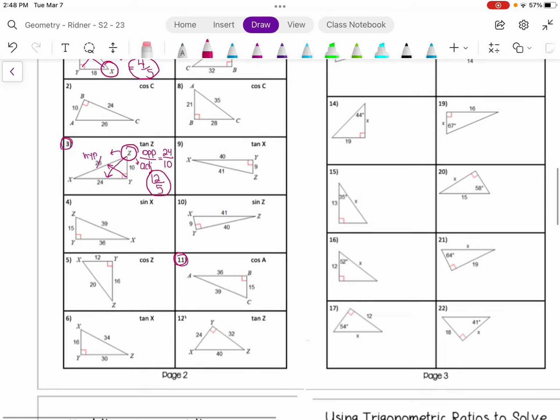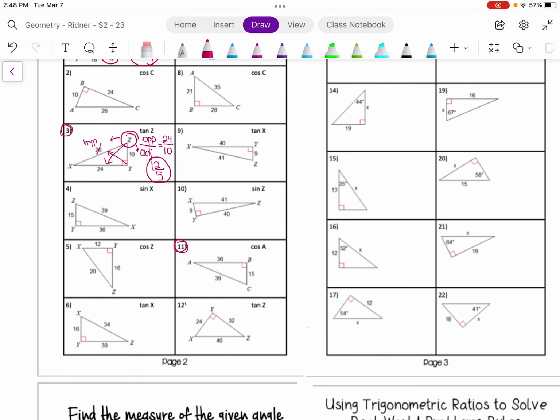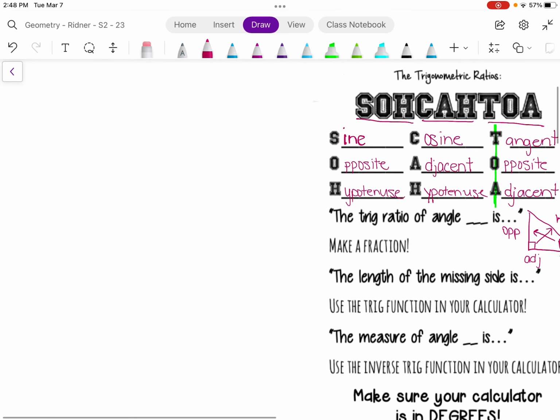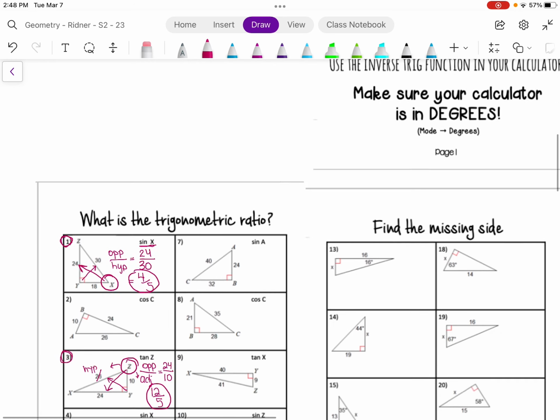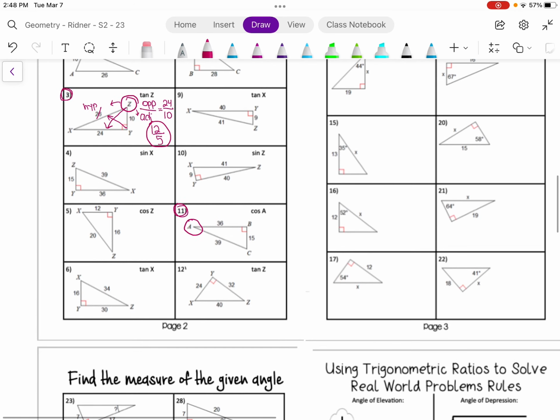All right, last one I'm going to do together to wrap this video up. A is here. It is cosine. According to my front page, cosine is adjacent over hypotenuse. Okay, so do the easy one first. Hypotenuse is across from the right angle.